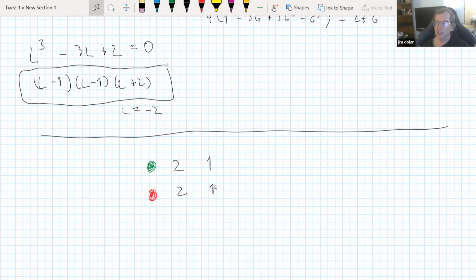Individually they're just classified by Young diagrams, but jointly there's this crucial orientation information between them.